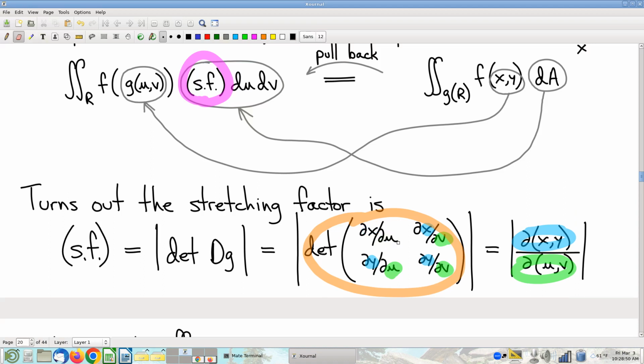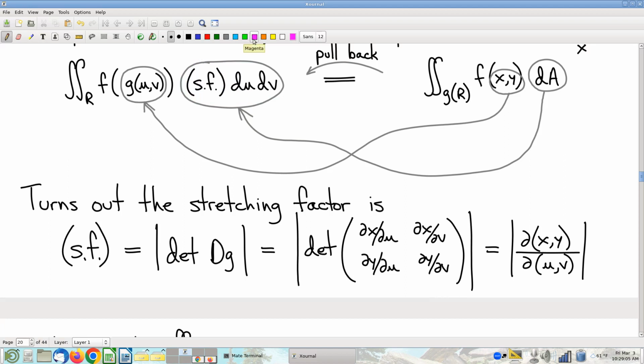But here's the really beautiful thing about it. This is the main reason that I love this notation for the stretching factor, as follows. Let me actually rewrite what we have here with the stretching factor in there. Partial x comma y, partial u comma v, like that.